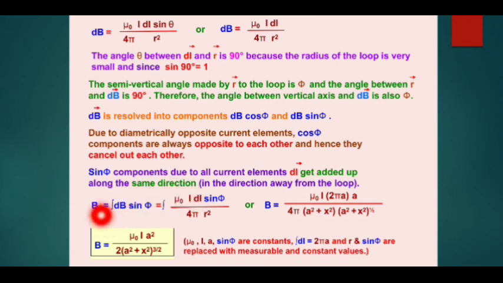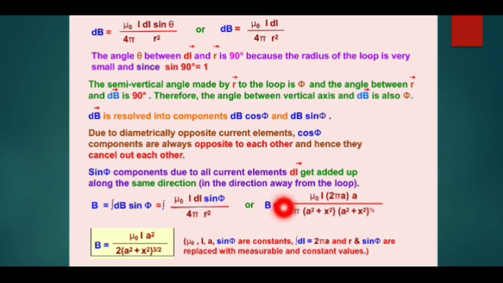That's why I'm taking B equal to the integral of dB sin phi, because only the sin components add; the cos components act in opposite directions and cancel each other. So dB sin phi, substituting the value according to the Biot-Savart law, is mu naught I dl sin theta divided by 4 pi r square.